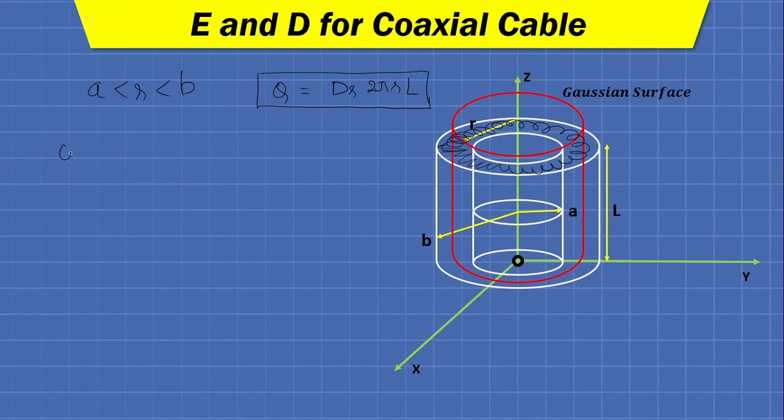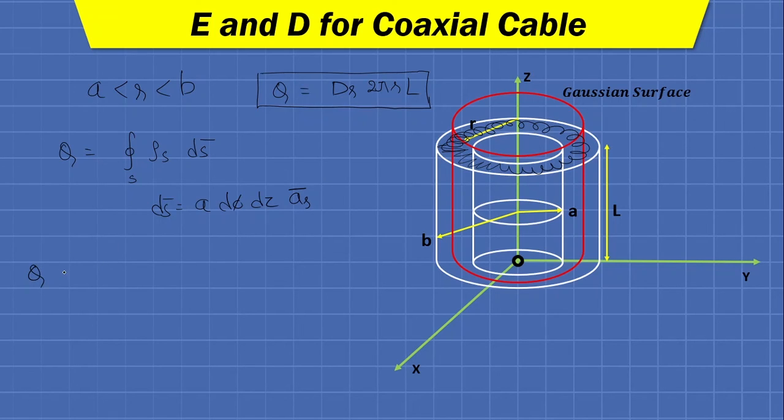So now Q equals the closed surface integration of rho s into dS. Here only the curved surface will be taken into consideration. Fine, the top and bottom surfaces make a right angle with D bar, so they will not be considered. So dS bar for this case can be written as a dφ dz a_r bar.